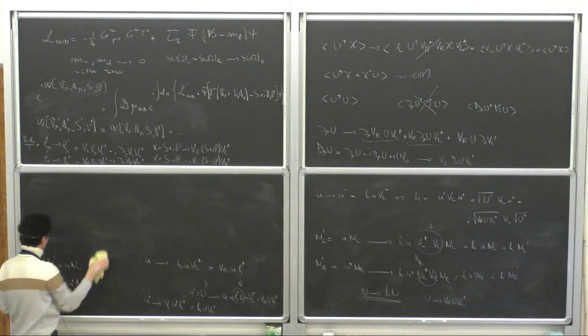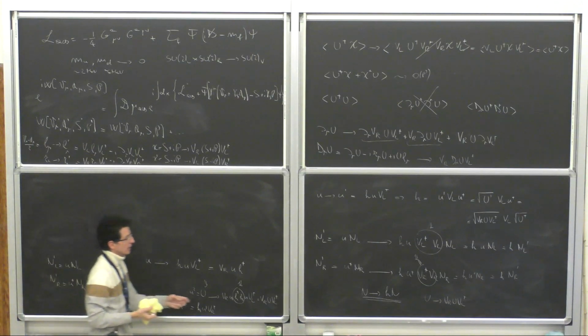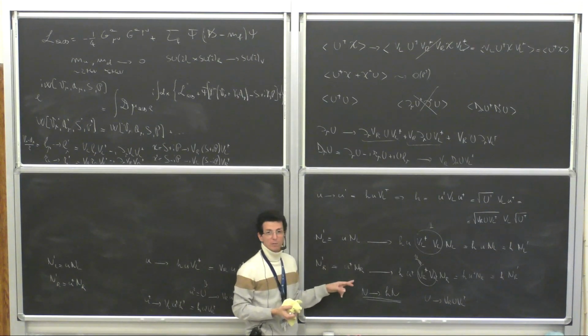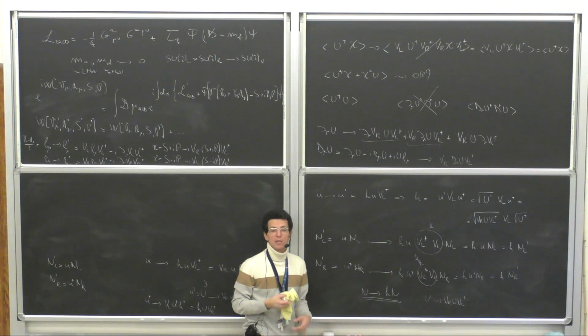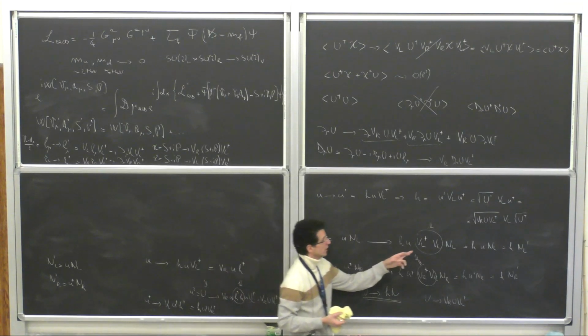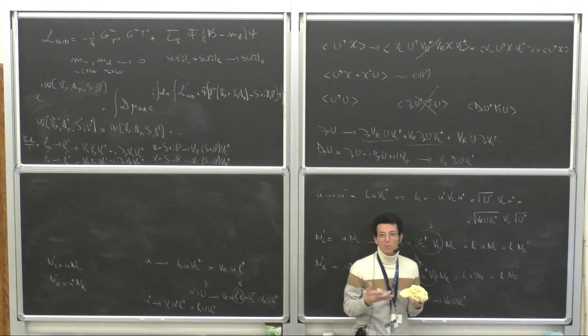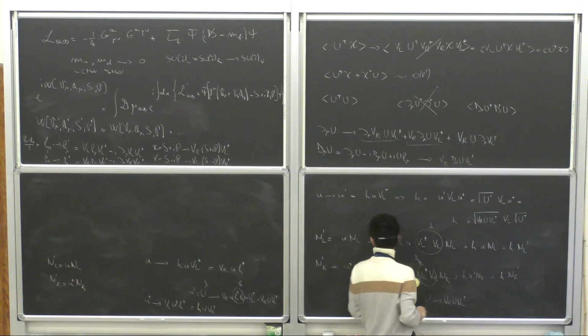From now on, we will stick to this choice, not A, not B, not C, for the transformation properties of the nucleon fields, but this one. So the nucleon field transforms with this matrix H. This is an SU(2) matrix H. In the literature, this matrix H is known as the compensating field.